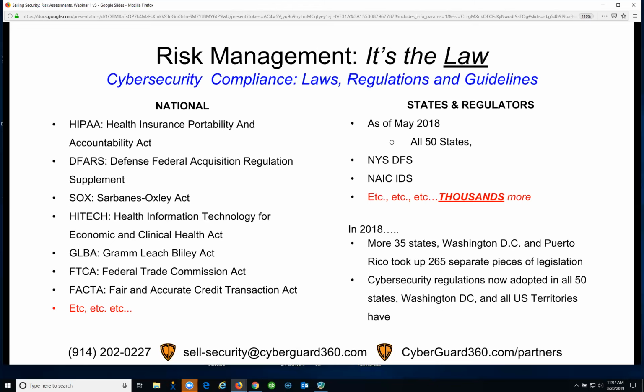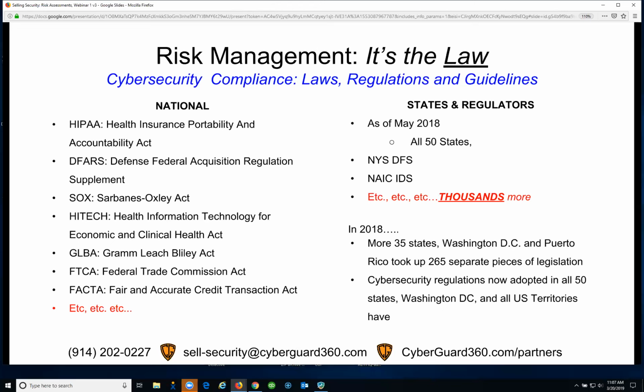The state regulations that have been coming about, New York State more recently than some, have more teeth. This one is from the New York State Department of Financial Services, and that's the cybersecurity reg in New York State.